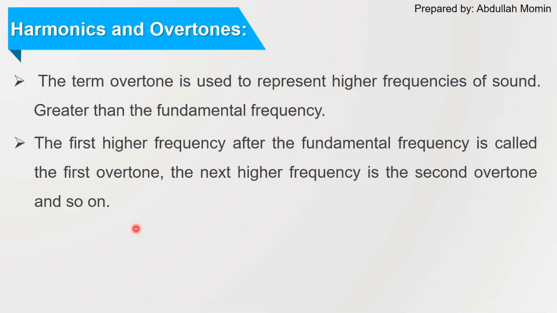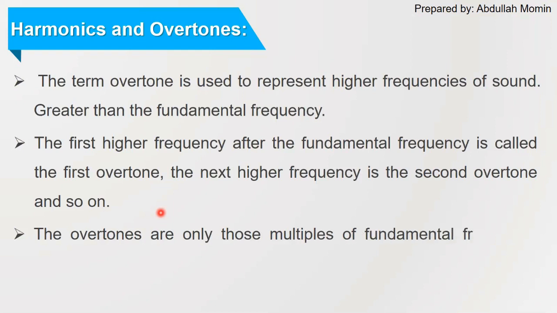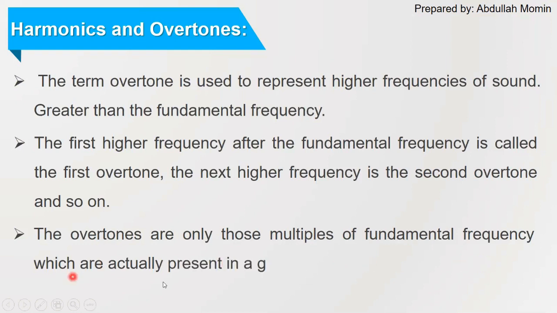The next higher frequency which we are getting in that particular sound is called the first overtone. After that, the next higher frequency is called the second overtone, and after that, the next higher frequency after the second overtone is called the third overtone. So overtones are only those multiples of fundamental frequency which are actually present in a given sound.